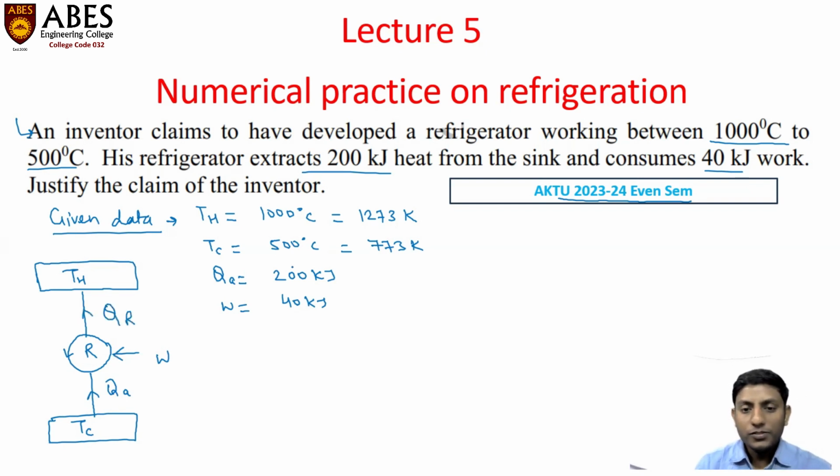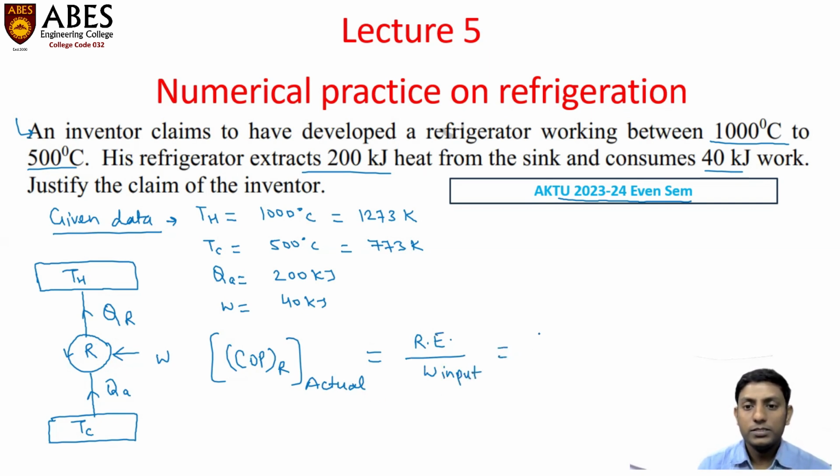Right? So to solve such type of problems, we can compare the COP of a refrigeration system in actual scenario and the COP of the same system when it is working on reverse Carnot cycle. So let us first calculate actual COP. COP of the refrigerator in actual scenario is equal to actual amount of heat absorbed, which is nothing but the refrigerating effect, divided by work input.